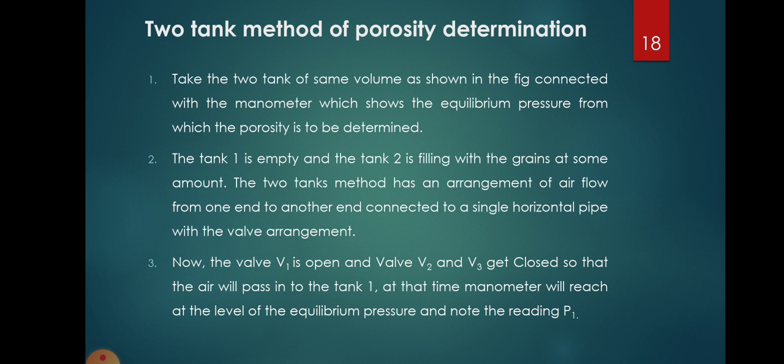Now the valve V1 is open and V2 and V3 are closed so that the air will pass into tank 1. At that time, the manometer will reach the level of the equilibrium pressure and we note the reading P1.